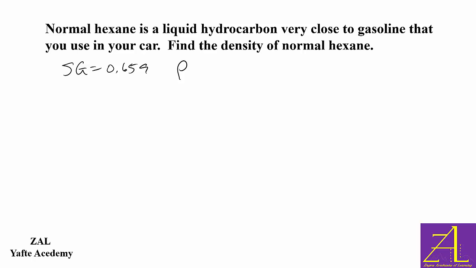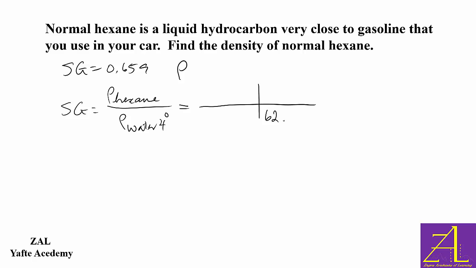And also we learned that the specific gravity is defined as rho of the substance, in this case hexane, over the rho of water at 4 degrees. Rho of water at 4 degrees, we learned that to be 62.43 pound mass per foot cube if we take the American engineering system.